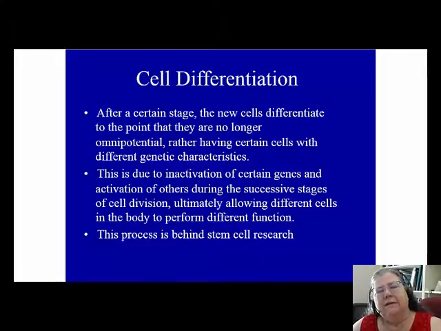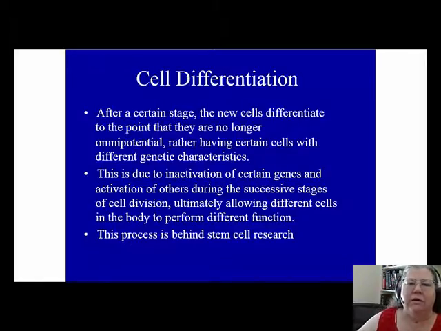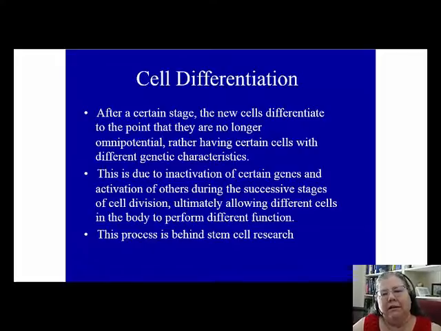Once cells have differentiated, specialized to a certain point, they'll no longer necessarily be able to reproduce with omnipotential into different genetic characteristics. And that happens because there are constant processes in which genes are activated and inactivated during the phases of cell division.